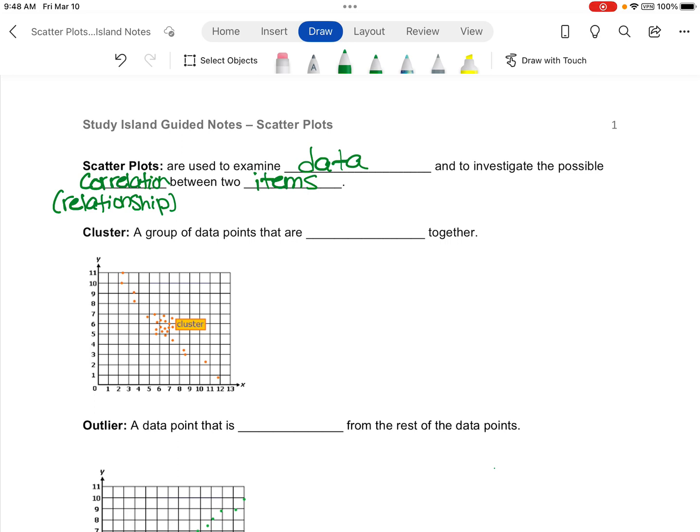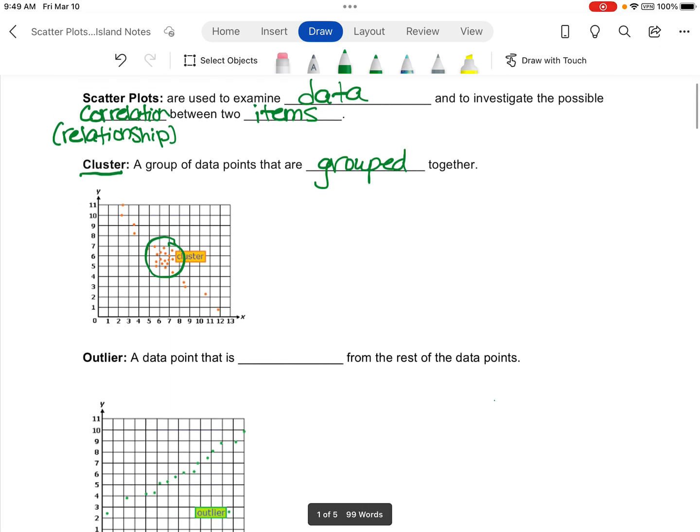Okay, so there are different characteristics to scatter plots. Some scatter plots might have what we call a cluster. A cluster is a group of data points that are grouped together. Okay, I would use the word clustered together, but that's not the best way to describe something. So a group of data points that are grouped all together.